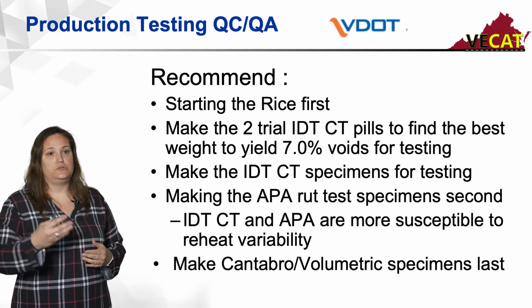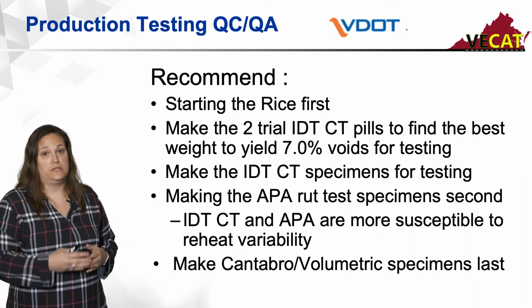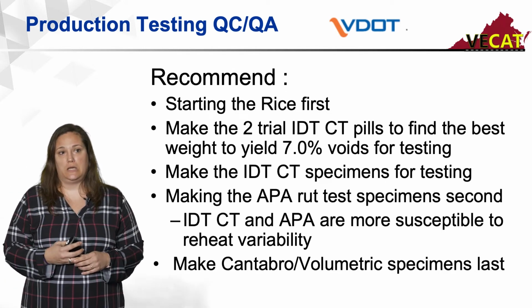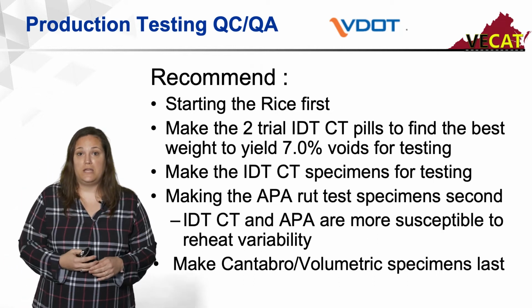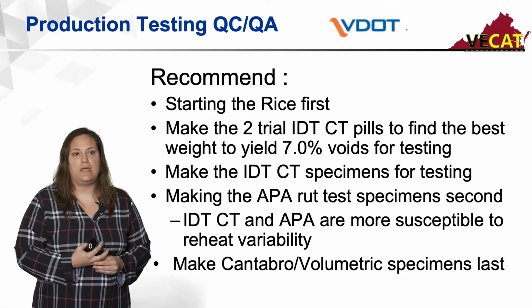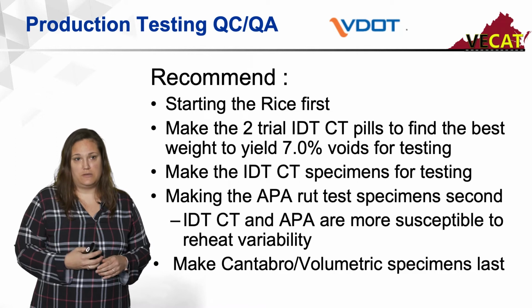First thing you should do is make your 2 trial pills, or if you already know what weight is best, go ahead and start compacting those. They are the most susceptible to reheating. Then once you find out what weight yields the proper voids, go ahead and knock those out and make them. Then, if you're doing your APA rut pills, make those next.